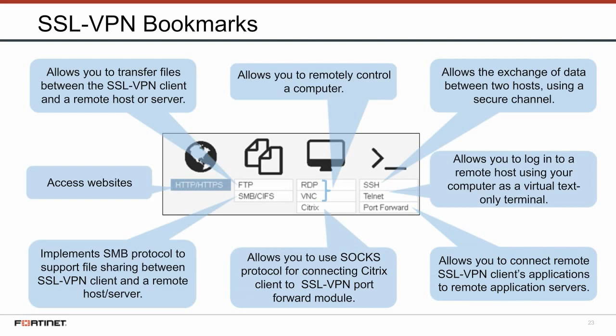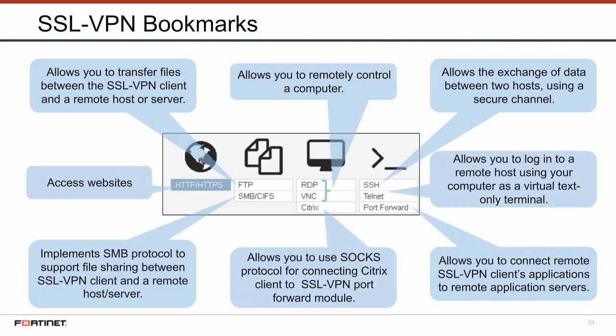3. SMB/CIFS implements the Server Message Block (SMB) protocol to support file sharing between the SSL VPN client and a remote host or server in the private network. Windows file sharing through SMB/CIFS is supported through shared directories. 4. Virtual Network Computing (VNC) allows you to remotely control another computer within the private network. 5.